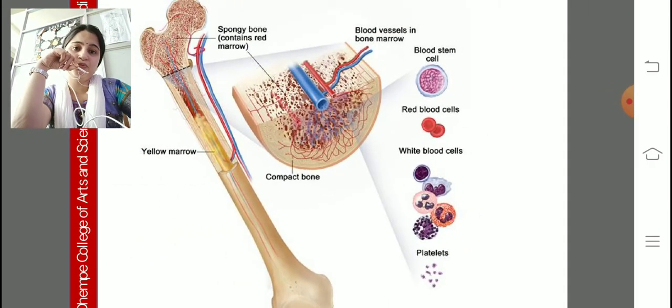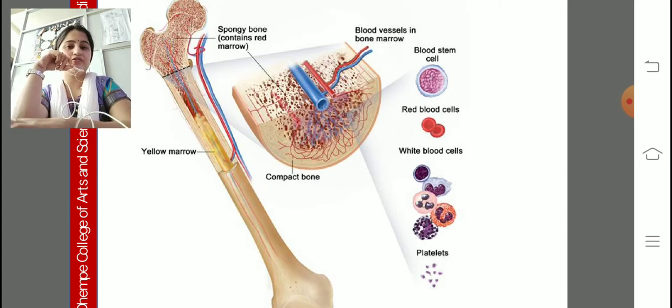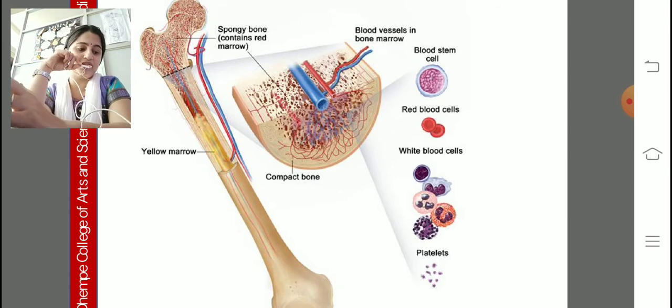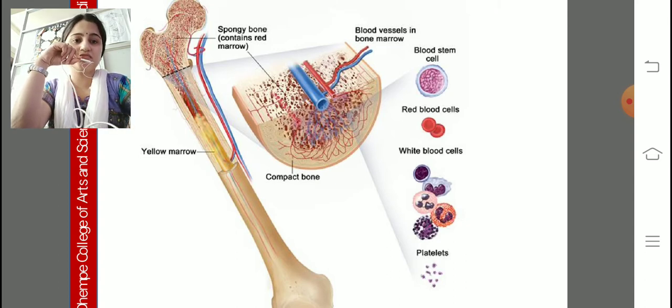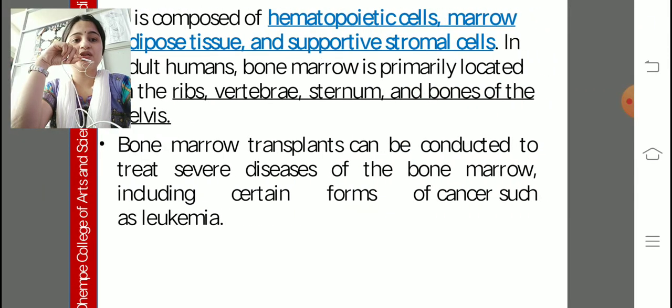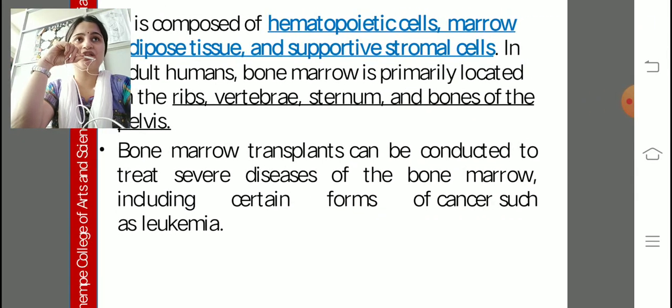Multiple bones support the bone marrow system, such as the hip bones, the ilium, the femur, the sternum, and the humerus. The B lymphocytes, or the precursors of the antibodies, are formed and matured in the bone marrow.